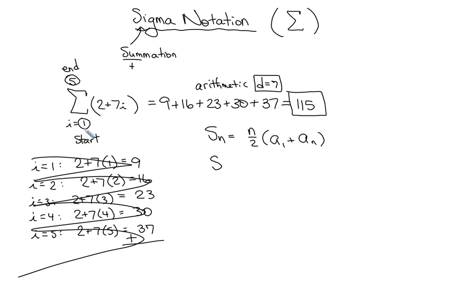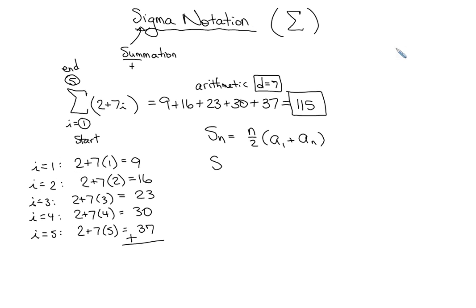That's great, guys, but what if this was a 3 on the bottom? Would it still be 5? No. As long as it's a 1 on the bottom, then the number on top is going to be how many terms it is. But what if we had the summation of I equals 3 to 17? How many terms is that?